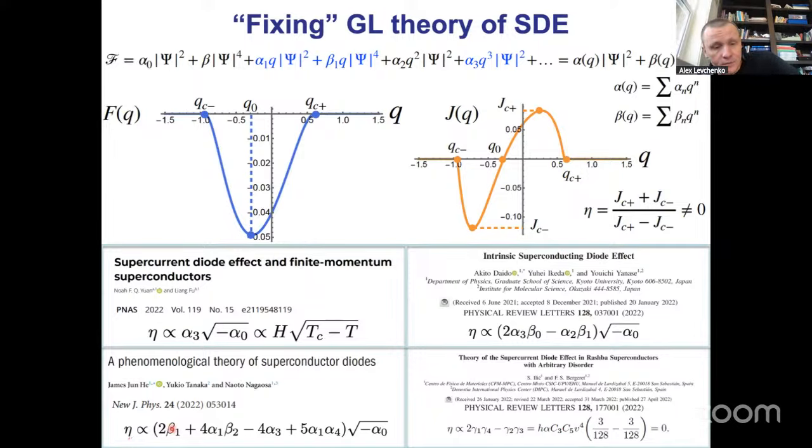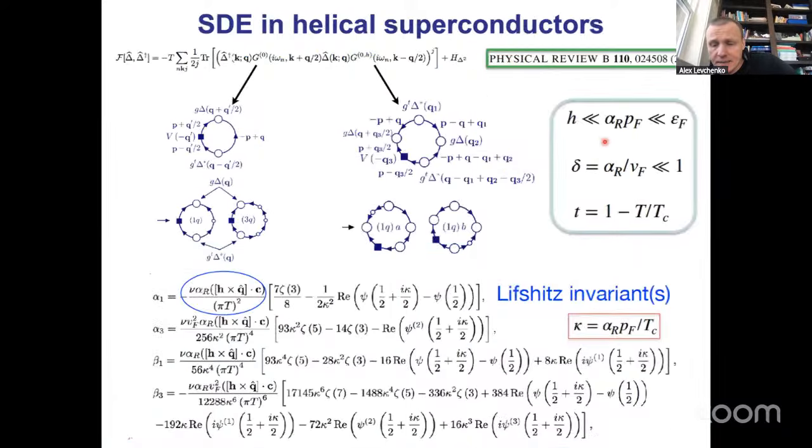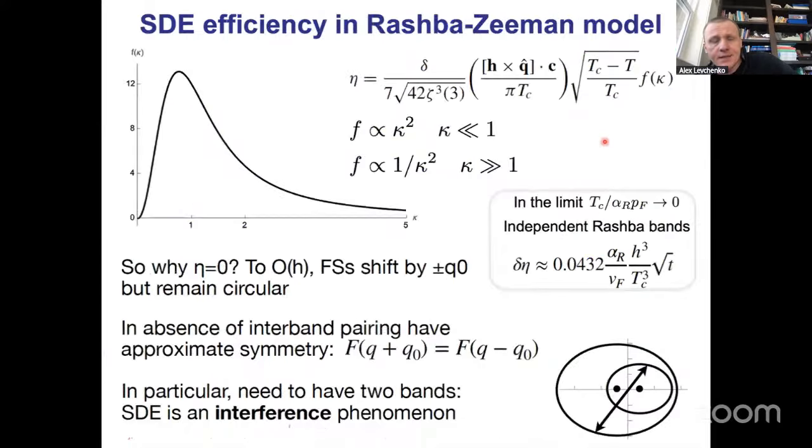The group from Japan says, well, it's not only the alpha coefficient, but some beta coefficients as well, and so on. And it's indeed true that there is a very delicate interplay between all of these coefficients, and you need to be very consistent about which ones you keep. So we kept them all, and this is the result that we got for this diode efficiency. It is a non-trivial function of this parameter of the model, which is the spin orbit splitting in units of TC.